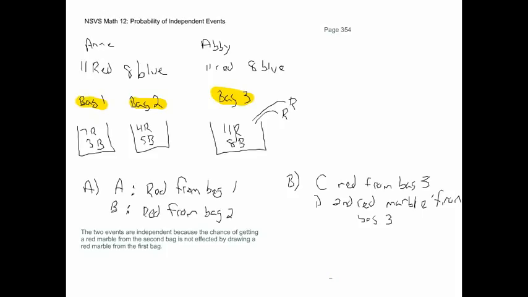C and D are dependent upon one another because the first event changes the probability of the second event.